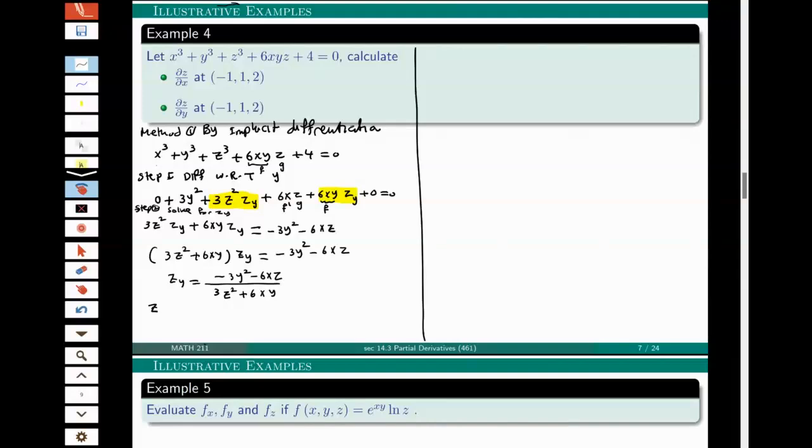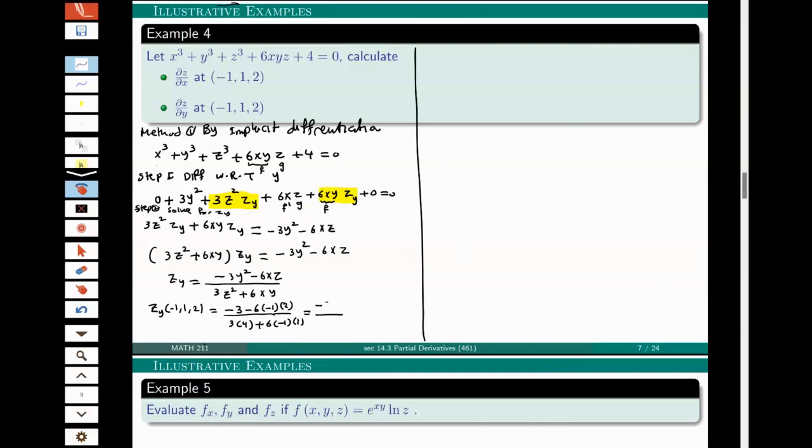If we want z sub y at the point minus 1, 1 and 2, replace x by minus 1, y by 1, z by 2. So you will get minus 3 minus 6 times minus 1 times 2, and 3 times 4 plus 6 times minus 1 times 1.